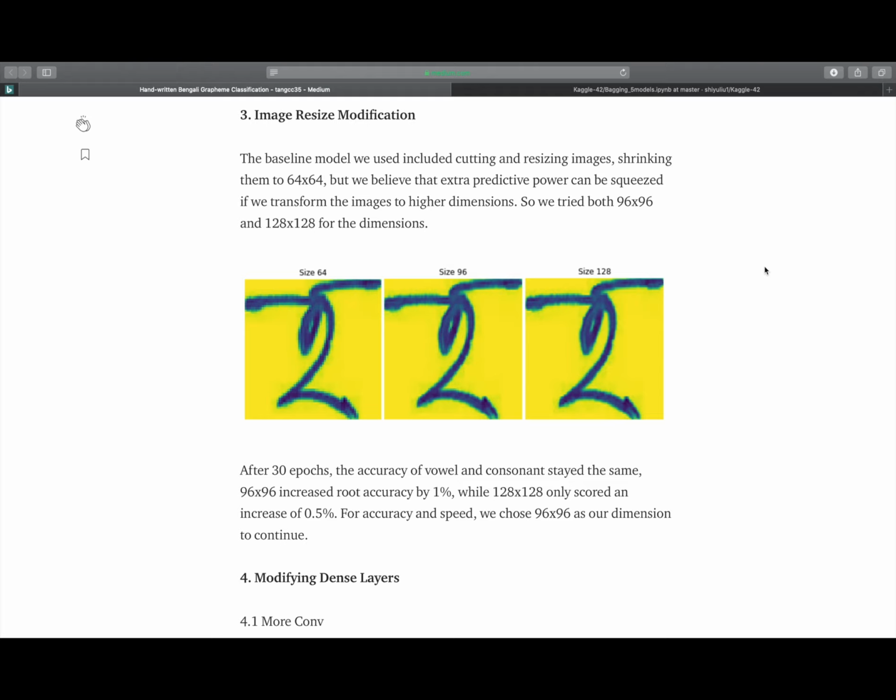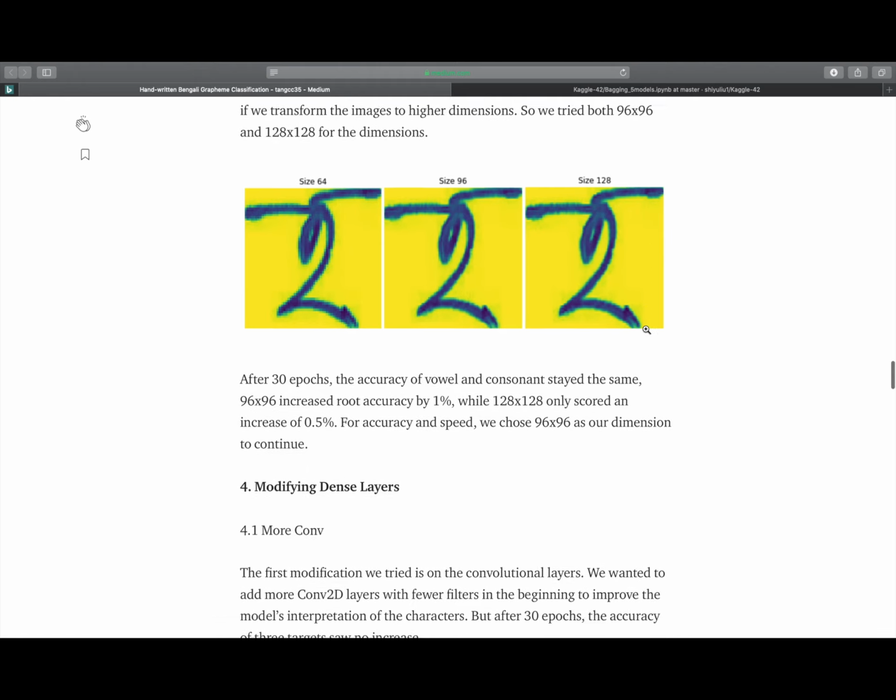From the comparison, upgrading the size to 96 increased the clarity of images significantly, while the effect of 128 is generally the same as 96. The result after training suggested the same. Size 96 increased root accuracy by 1%, while 128 only scored an increase of 0.5%.